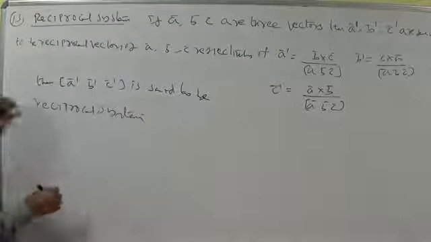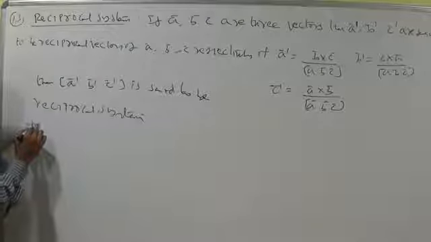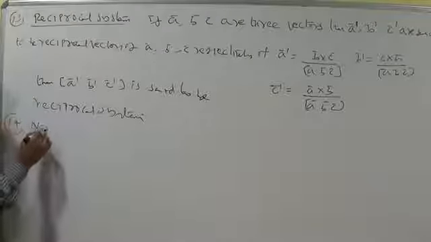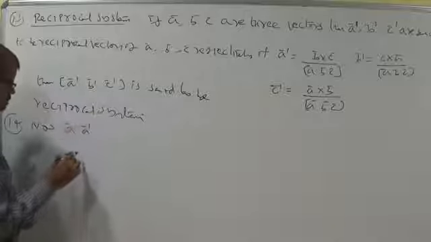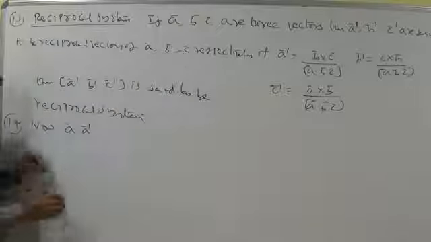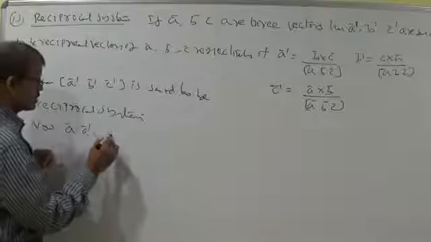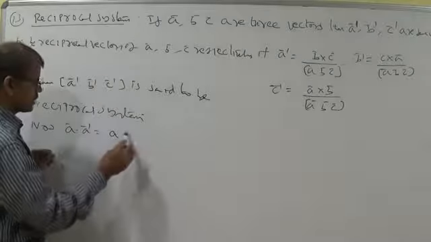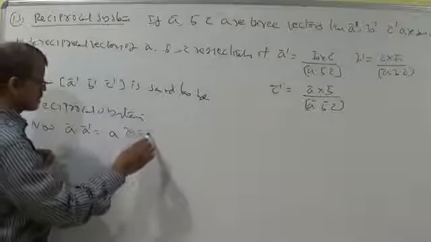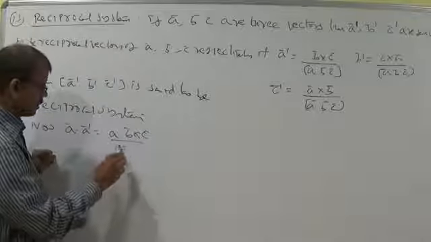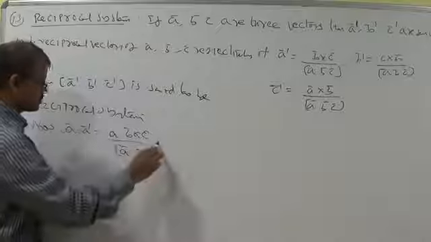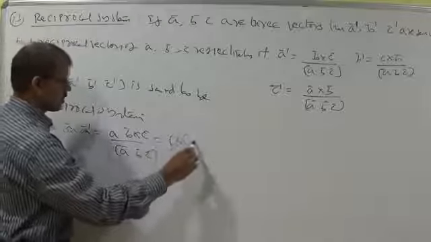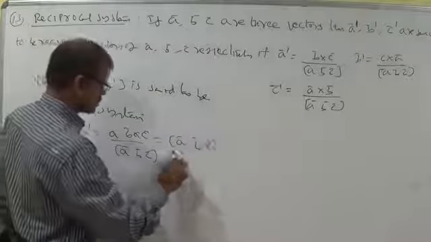Now the next property, 14th, will be the last bit. A bar dot A dash: the A dash became B cross C by box ABC, as per the formula we already wrote. So A bar dot B cross C is equal to box ABC.